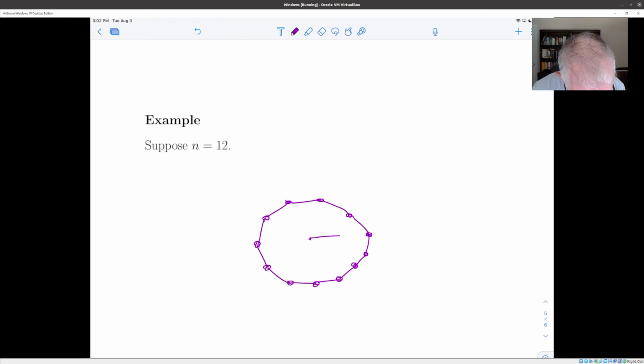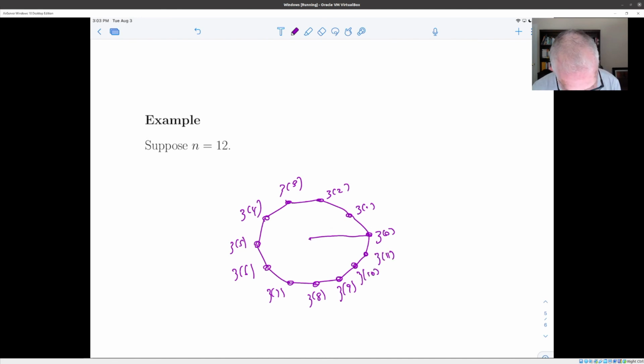This would be z of 0, which is 1, z of 1, z of 2, z of 3, z of 4, z of 5, z of 6, z of 7, z of 8, z of 9, z of 10, and z of 11. And the angles here would be 2 pi over 12, which is pi over 6, which is 30 degrees. So the interior angles of our not very well drawn 12-gon would be 30 degrees.